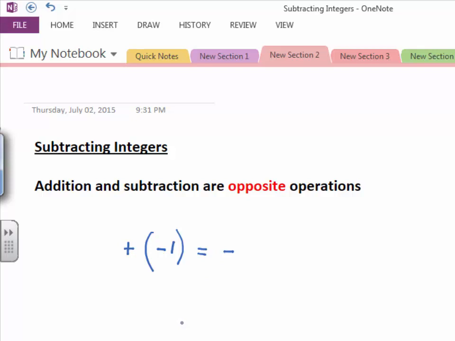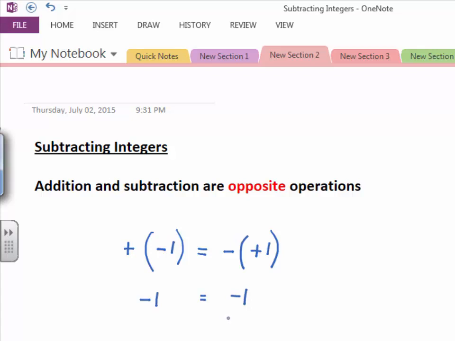They are saying opposite operation, that means the -1 becomes +1. And if this is true, these two have to have the same value. So you are adding a -1, the final result is going to be -1. Or you are subtracting a +1, that means -1. So as you can see, they have the same value.